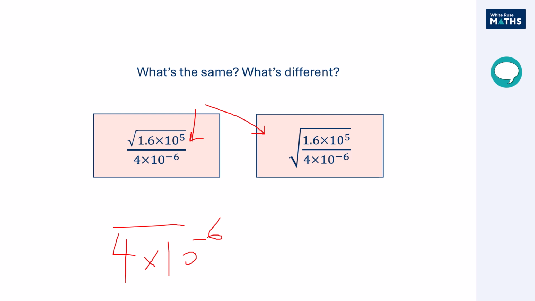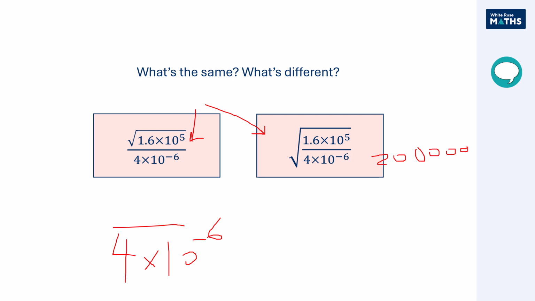And if I press execute, I get 200,000 for this, or 2 times 10 to the 5. Whereas this one, what am I going to get? Well, I'm going to press the square root symbol, 1.6 times 10 to the power of 5, and then I'm going to put some brackets to make it clear.